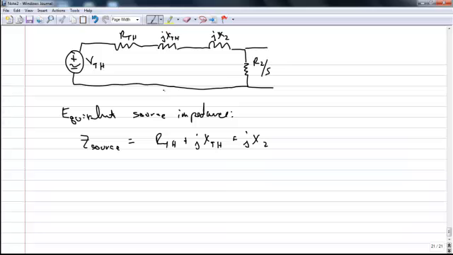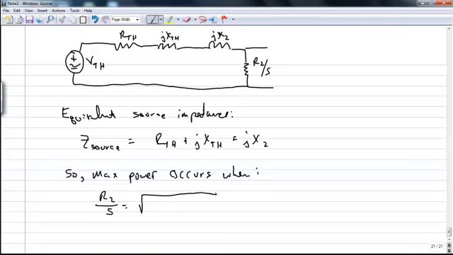Therefore, the maximum power is going to occur when R2 over S is equal to the magnitude of Z source, which is the square root of RTH squared plus quantity XTH plus X2 squared.